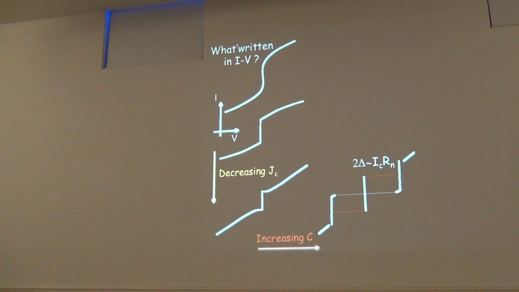JC is the measure of the coupling between two electrodes, depending on the barrier or the weak link which is in between. If we have a barrier that we model as increasing capacitance, so we don't have anymore a metallic barrier, could be copper between lead, but we have an aluminum oxide insulator between niobium, the IV changes dramatically like that.